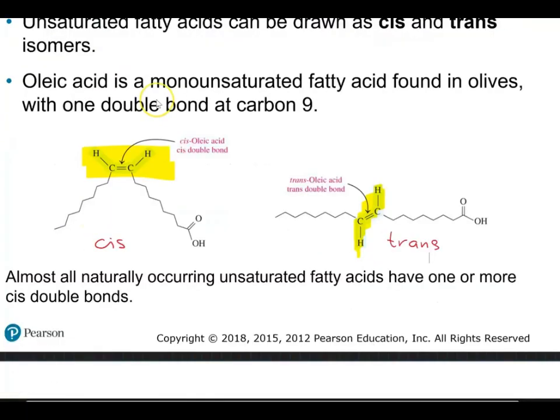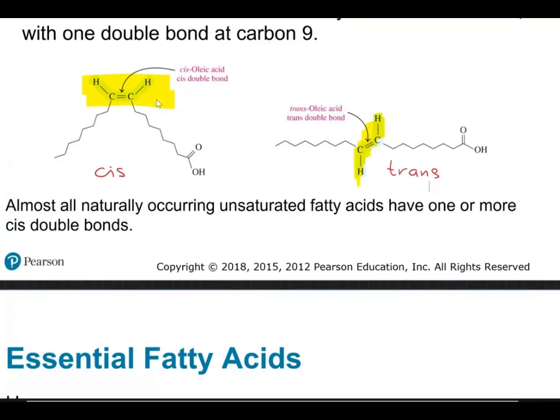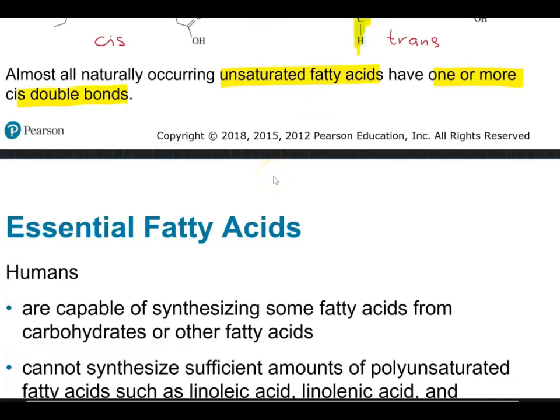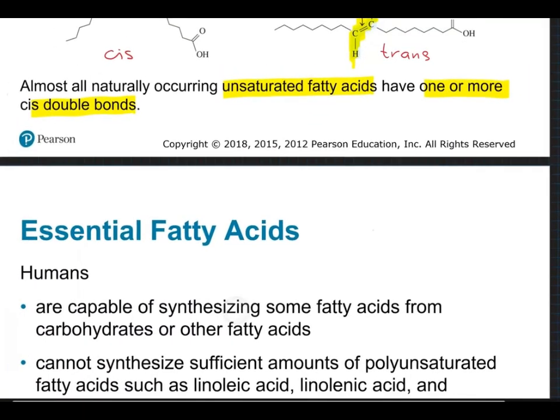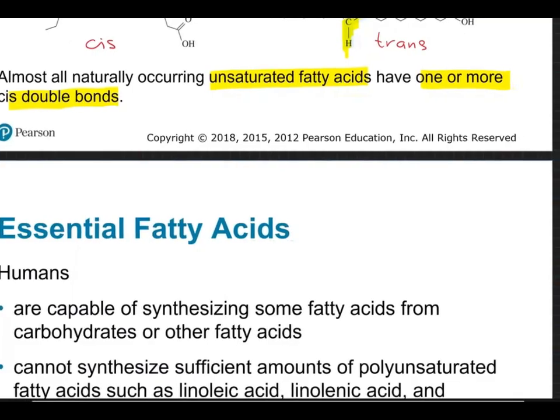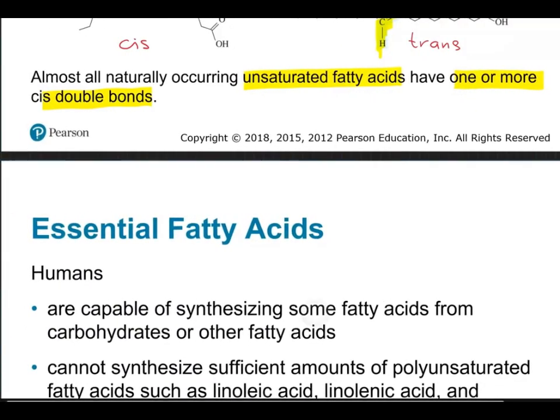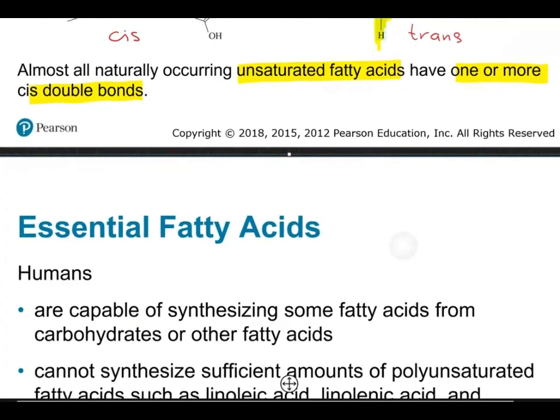So the naturally occurring fatty acids contain cis double bonds. Trans double bonds in the naturally occurring fatty acids are extremely rare. So humans cannot synthesize several fatty acids and have to get them with food.